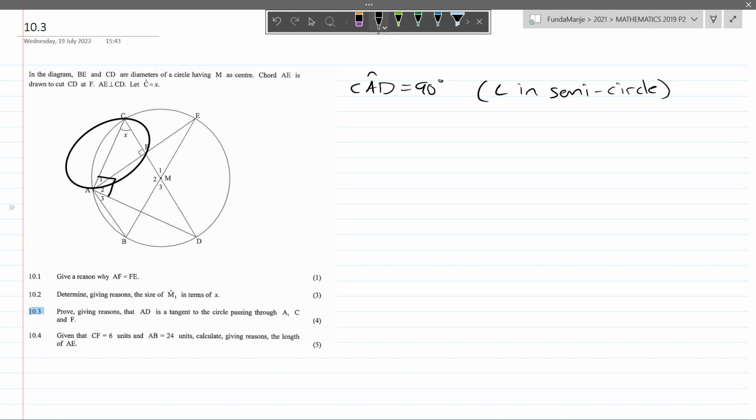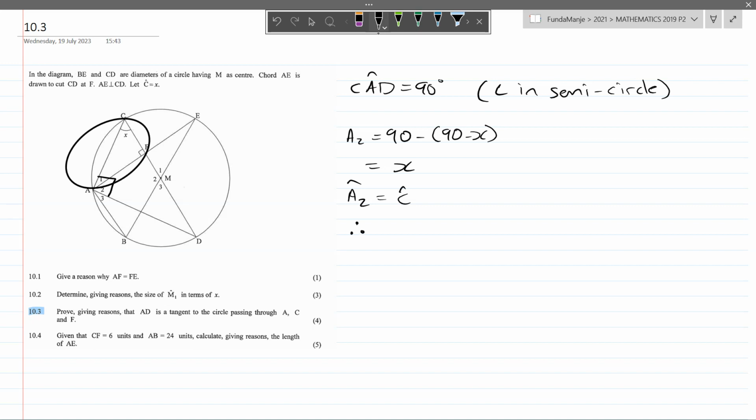Then what we can do next is we know the value of A1 already because of our previous question. So A2 will be equal to 90 minus A1, and A1 is 90 minus X. This gives us a value of A2 of X. So since A2 is equal to X, we can also say A2 is equal to C. And this has been proven.